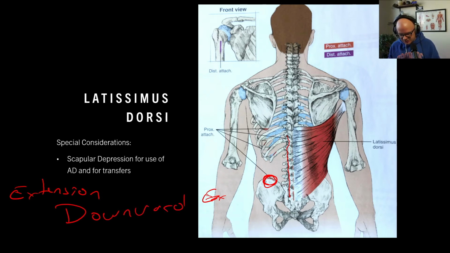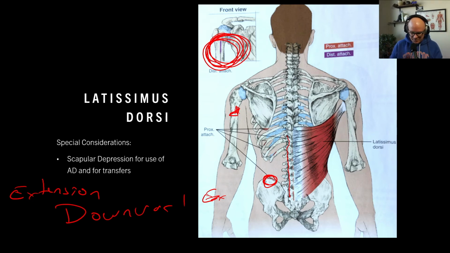So it's really going to help downwardly rotate that scapula, and because it also inserts on the humerus, you're going to see that it inserts around here. Here's a better picture. There we go. That distal attachment on the posterior side of the humerus means it is a massively strong shoulder extensor.